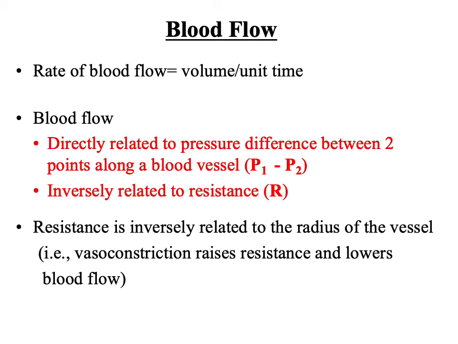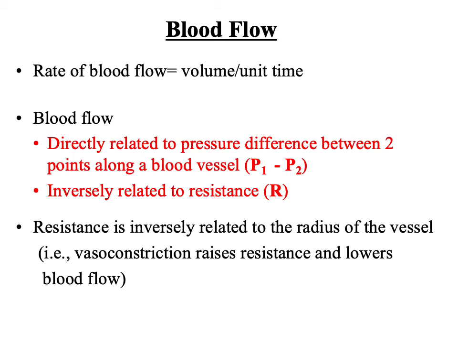And so P1 and P2 represent pressure at, let's say, imagine a little portion of a blood vessel, okay? You mark one area of the blood vessel and you call that P1 to represent the pressure at that particular point in the vessel.